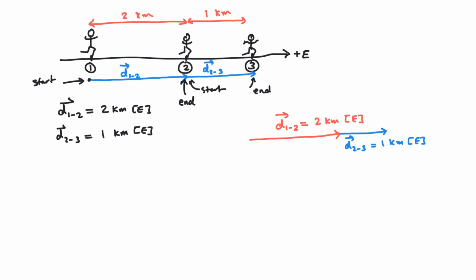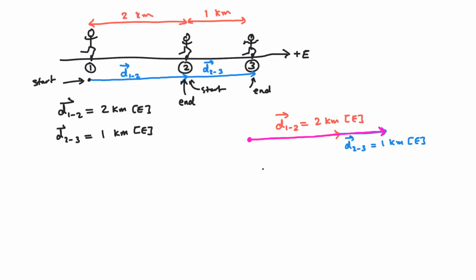To add two vectors geometrically, we do exactly what we did here. We take the tail of the second vector, this one, and we place it directly on the head of the first vector. And the resultant vector starts from the beginning of the very first vector and ends at the end of the second vector. So this is how we add two vectors geometrically.